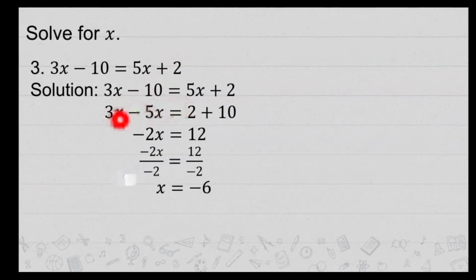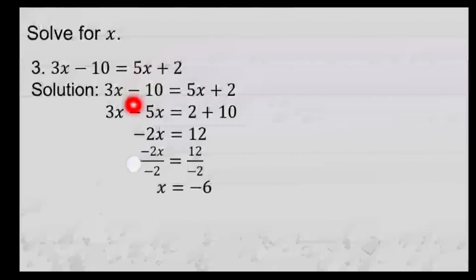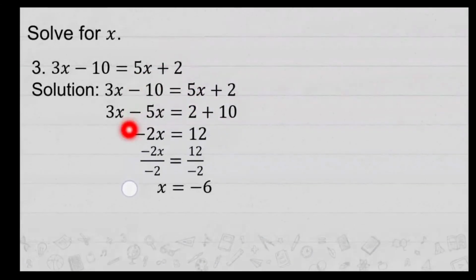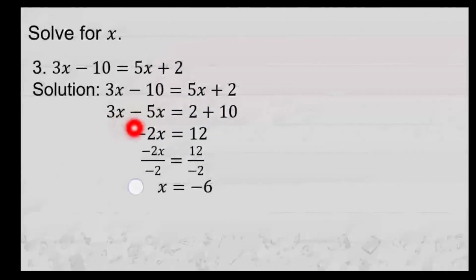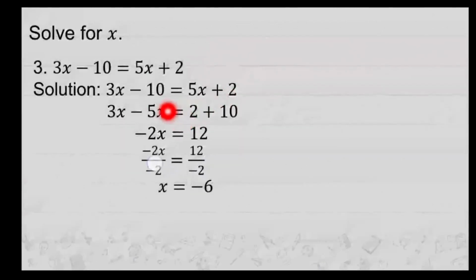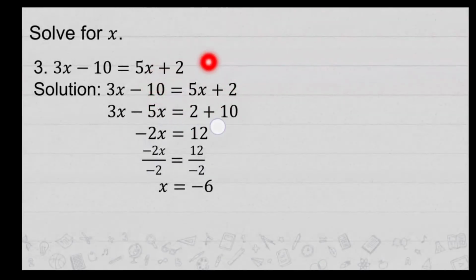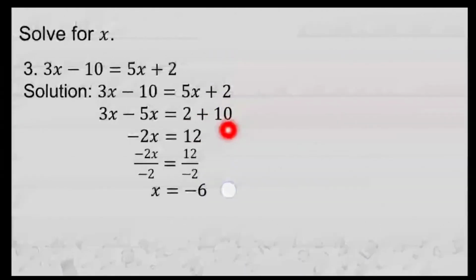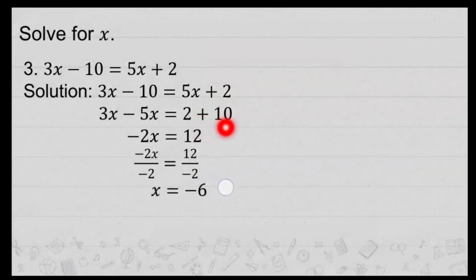So, as you can see, positive 5x will be put on the left side, then it will become negative 5x. That's why we'll be having 3x minus 5x. Then, here we have 2. Then, negative 10 will be put on the right side. Negative 10 will become positive 10. That's why we have 2 plus 10.